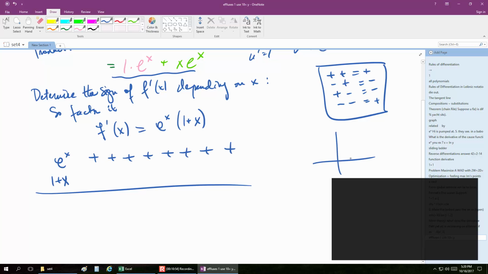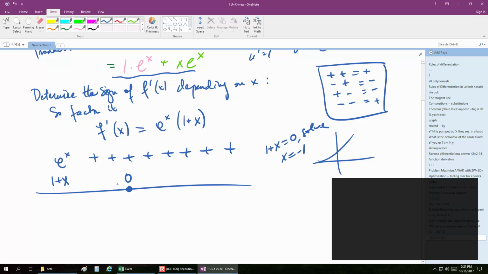In your mind there should be this kind of picture. e to the x is positive, so right away you have all pluses, never equal to 0, defined everywhere. These are the issues that you have to deal with. 1 plus x is equal to 0 at negative 1. In other words, I set 1 plus x equal to 0, solve, and I have x equal to negative 1. So at negative 1 we have 0.